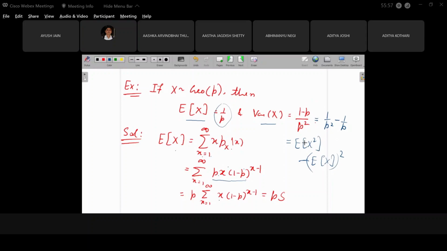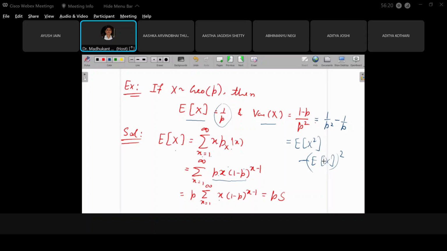Do we have another way to find this? You can also look at the moment generating function of the geometric random variable, if it is easy. In my opinion, the variance is the expectation of x square minus the expectation of x whole square.